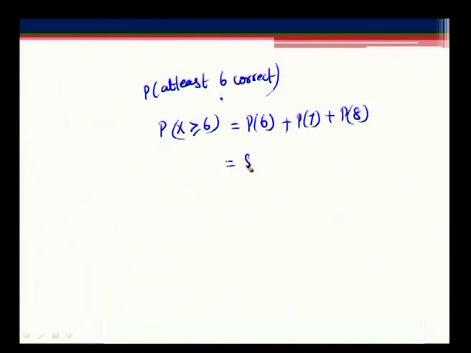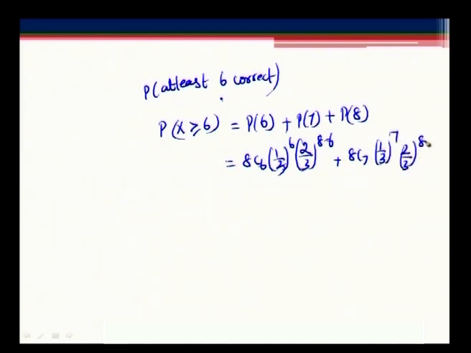What is your probability? 8C6 1 by 3 whole power 6 and 2 by 3 whole power 8 minus 6, plus 8C7 1 by 3 whole power 7, 2 by 3 whole power 8 minus 7, plus 8C8 1 by 3 whole power 8 and 2 by 3 whole power 8 minus 8.